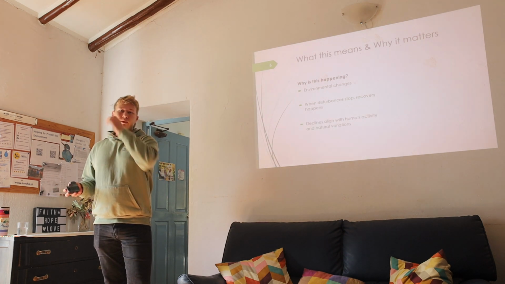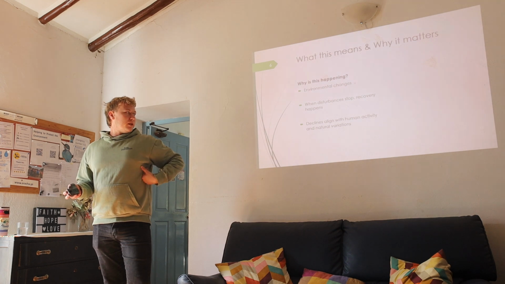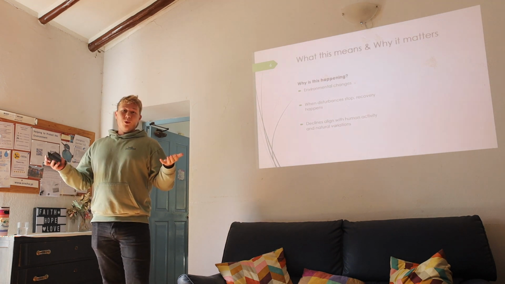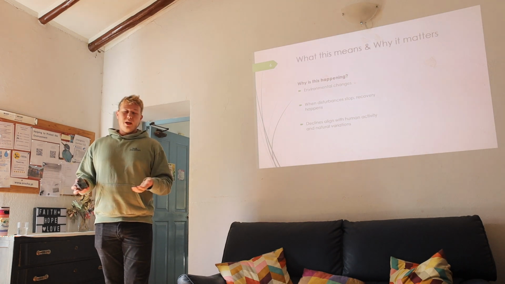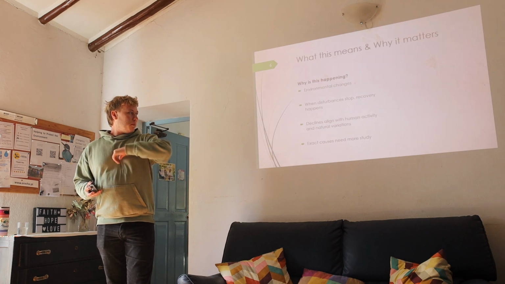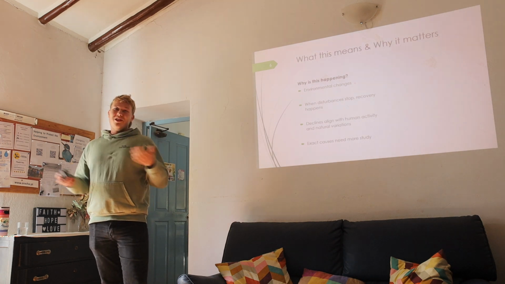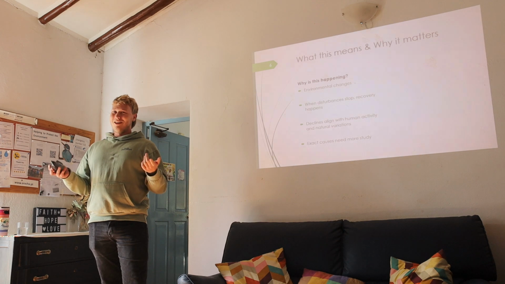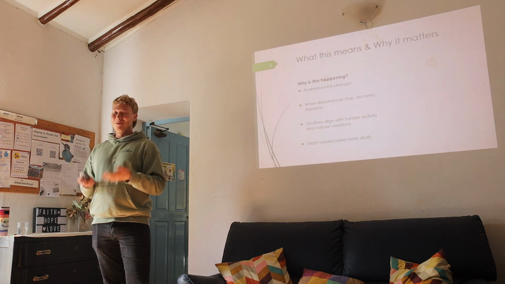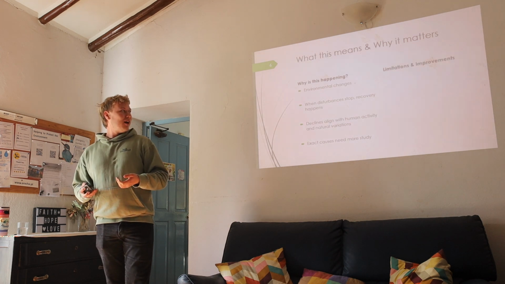And the declines align really with human activity and natural variations. For example, as I mentioned, seasonal timing, but also the dredging really impacts seagrass abundance. But the exact causes need to be studied more. As I said, I'm only one intern, and I can't do this with just myself.